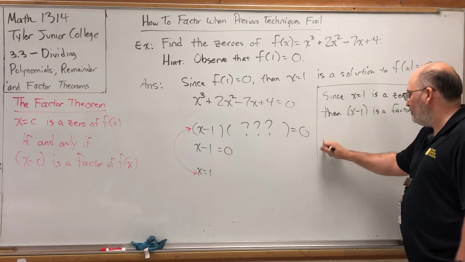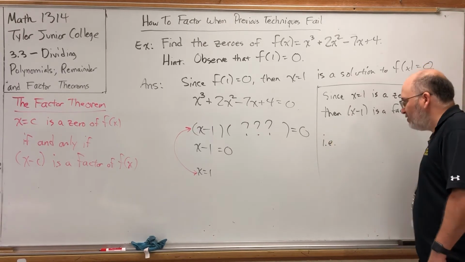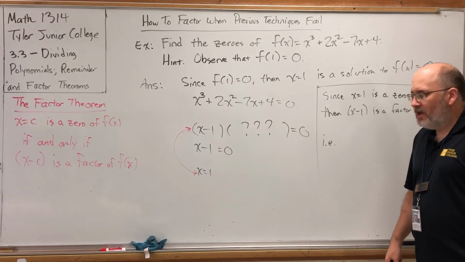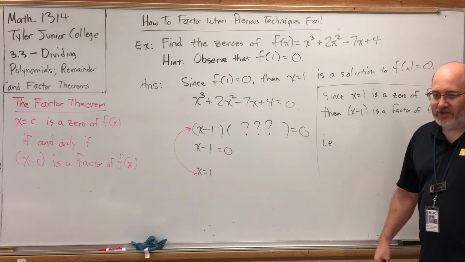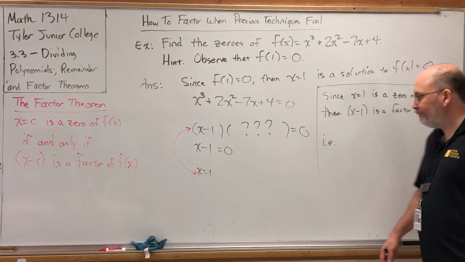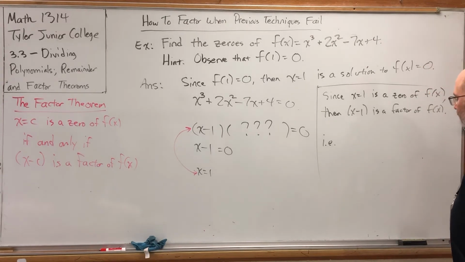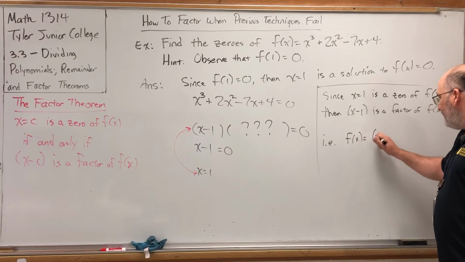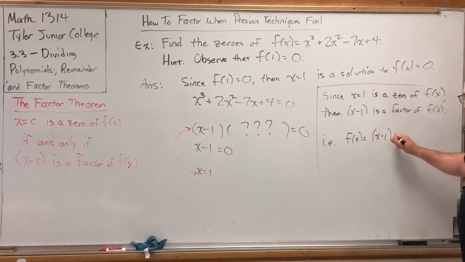In other words, i.e., which is the abbreviation for a Latin phrase that I don't recall off the top of my head, but it translates loosely into "in other words." In other words, our function can be written as x minus 1 times another factor, and since I don't know it, I'll just call it g of x.